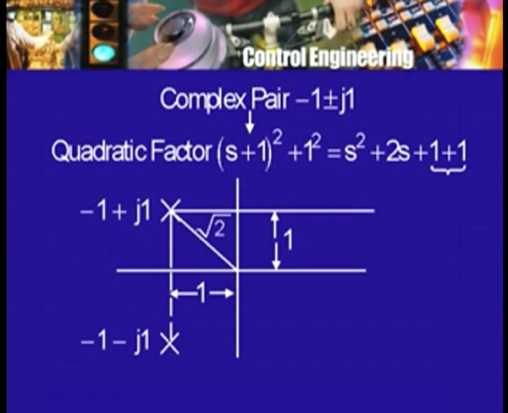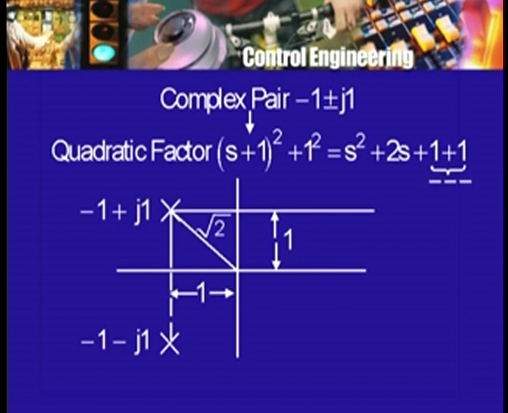Of course, we can figure out b in terms of the location of the poles or zeros, and to continue with the example that I had taken, if I have minus 1 plus minus j1 as the pair of poles or zeros, then what is the quadratic factor? Because of this minus, I have s plus 1, and because of this j1 I have 1 square, and therefore I have s squared plus 2s plus 1 plus 1.